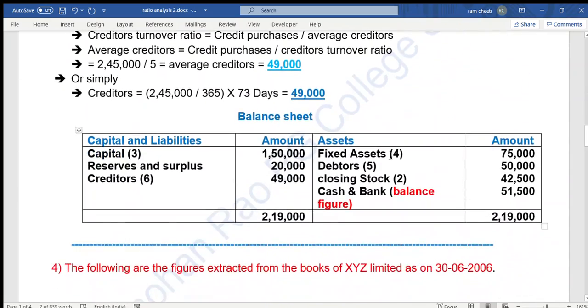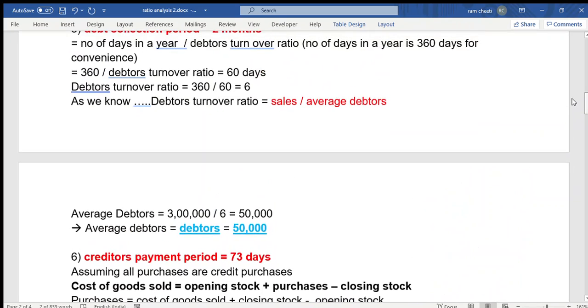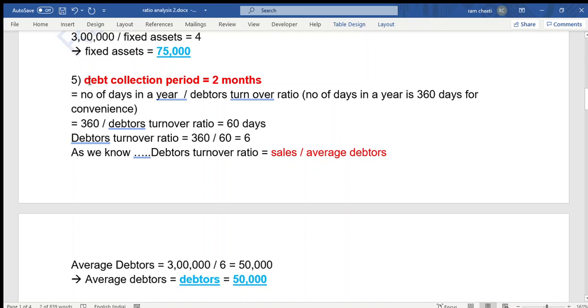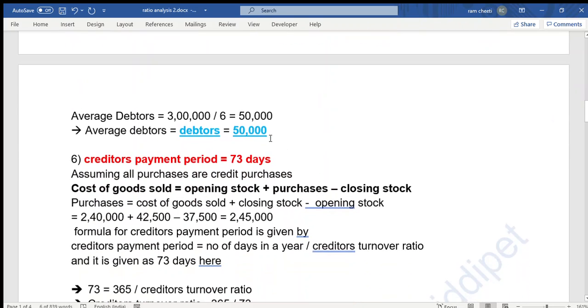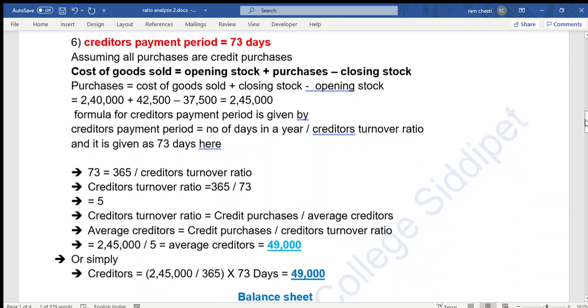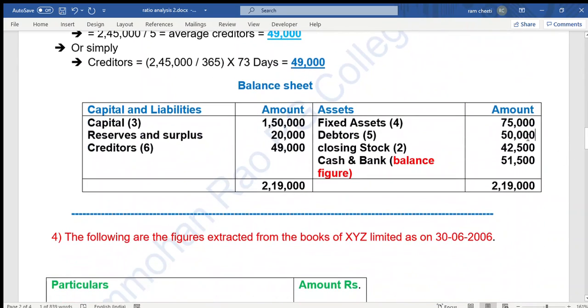In the same way, debtors is point number 5; from the debt collection period information we have calculated debtors, that is 50,000. Like that I have calculated all the figures. Reserves and surplus information is given in the numerical itself, and after putting all these figures, the rest we can simply say is cash and bank balance, that is the balancing figure, 51,500.